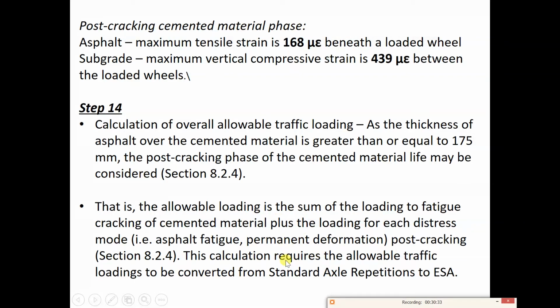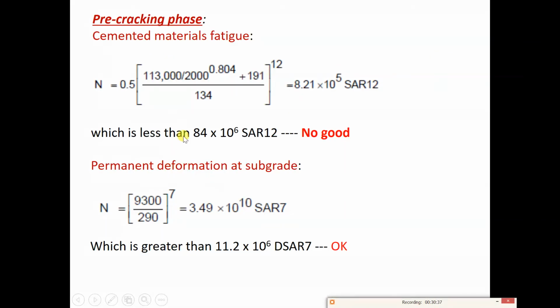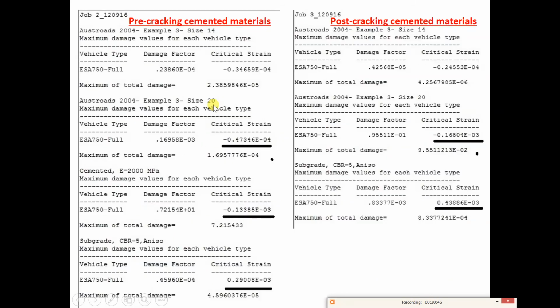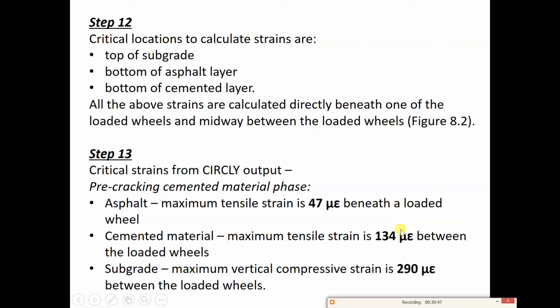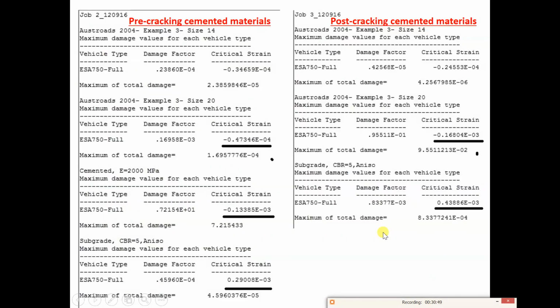So these are the steps. Okay, so we just continue. We check the cemented materials first. So in this expression, we put in the 134. Cemented material is 134.